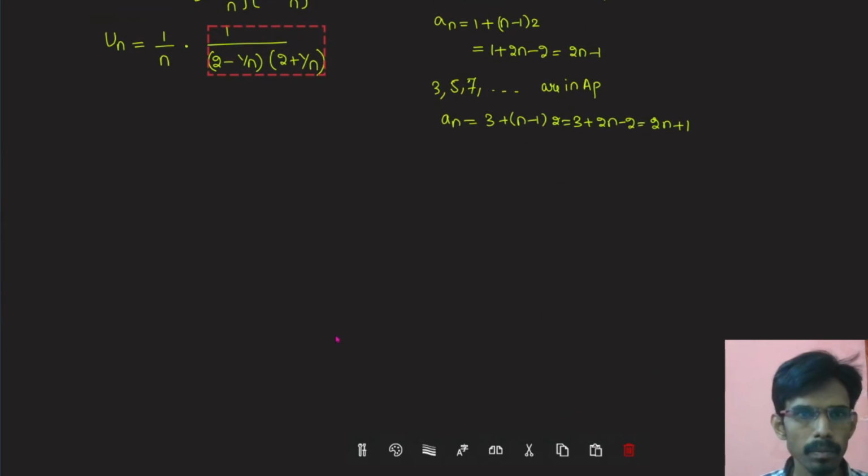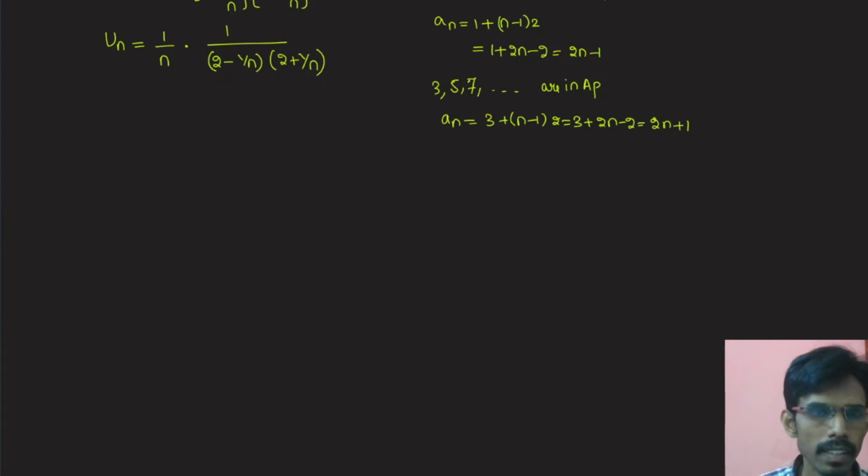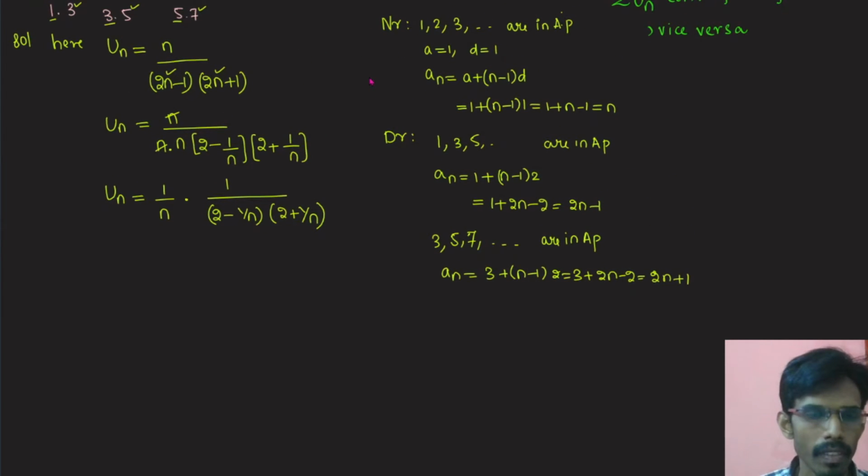Now take this 1 by n, let this 1 by n as Vn. So we have un is equals to Vn into this term.